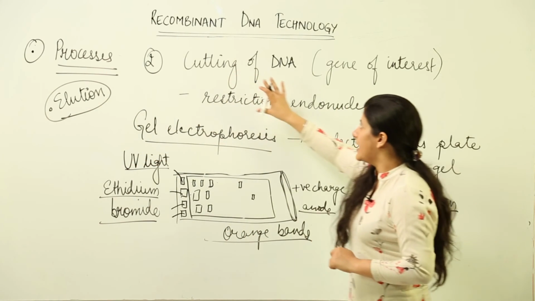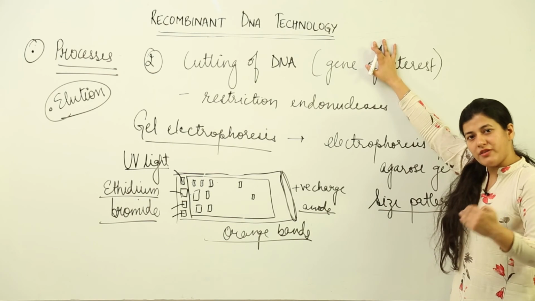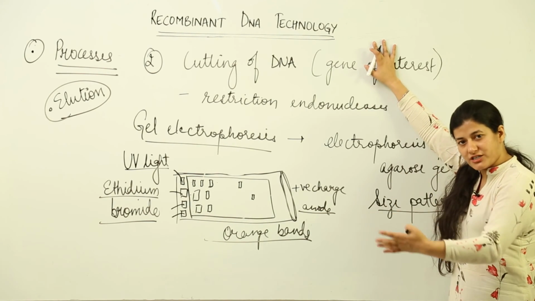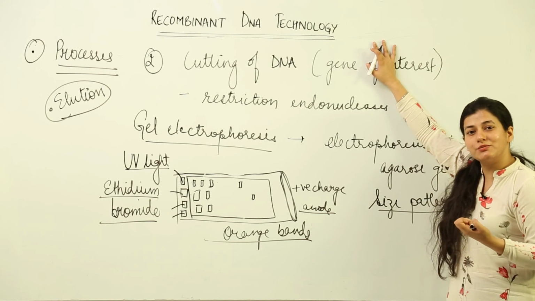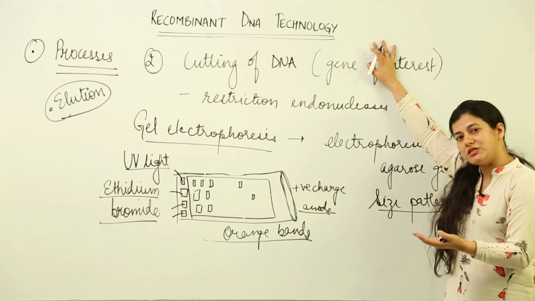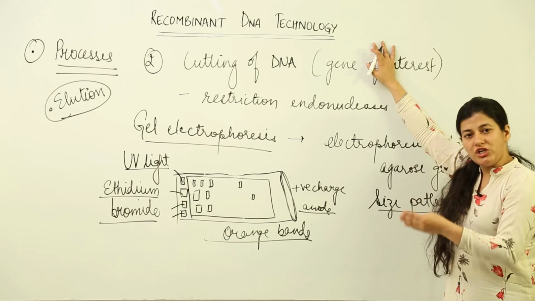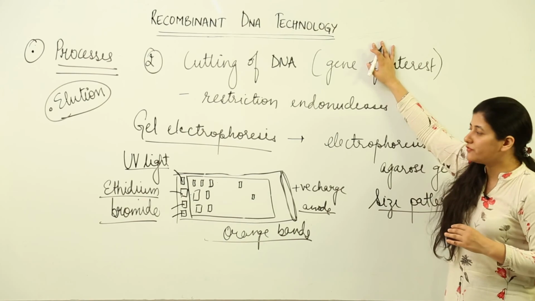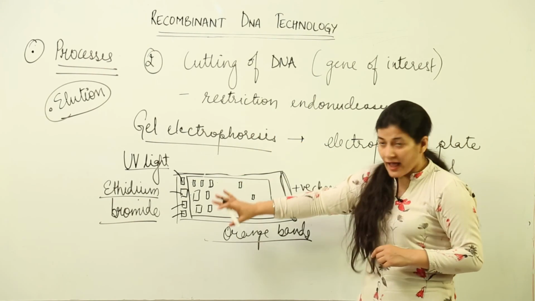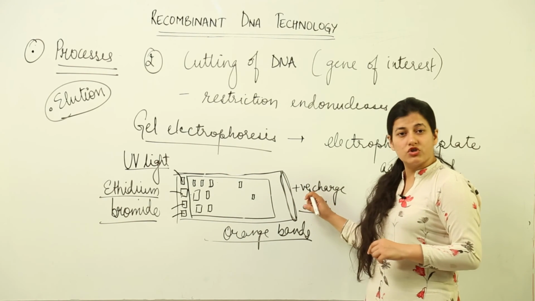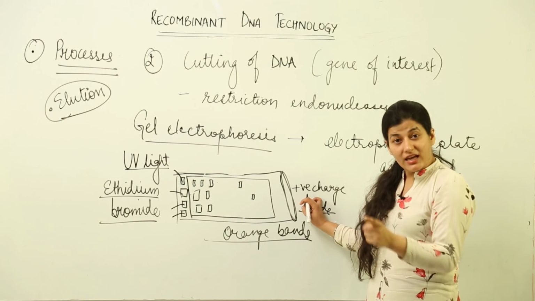So, this is how the DNA is being cut and extracted from the DNA which was given in the first step. The first step that we talked about, the first process, was isolation of the genetic material. Now, once that genetic material has been given, it has to be cut to give us the gene of interest. And how do we get that gene of interest? For that we have the method of gel electrophoresis, where agarose gel and electric charge are provided, using the nature of DNA being negatively charged.